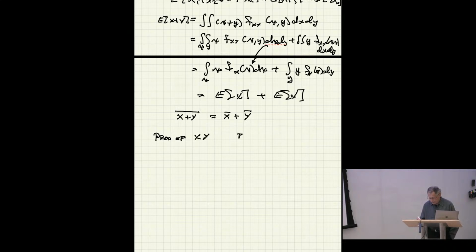Now, if they're independent, it's going to ring in a minute. If they're independent, then you can show that the expectation of the product is the product of the expectations, but not otherwise.